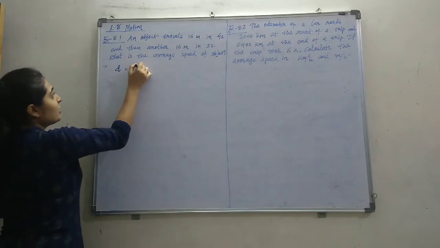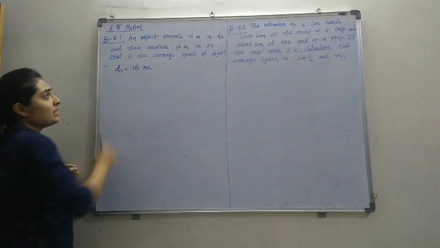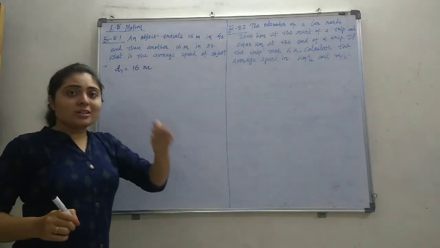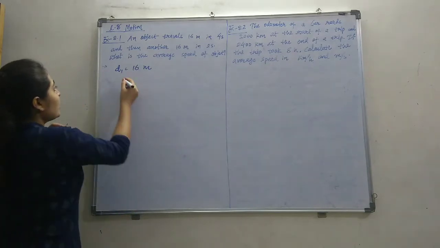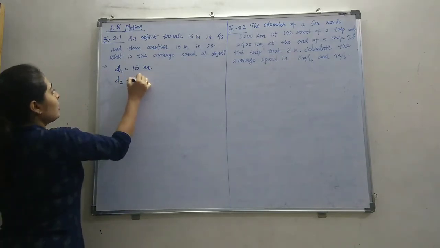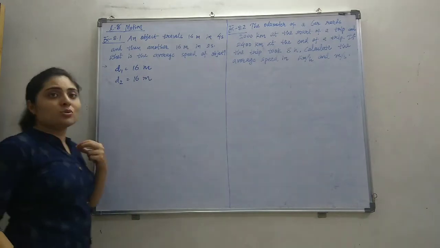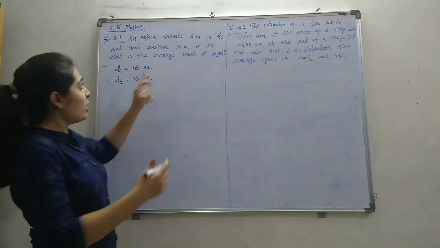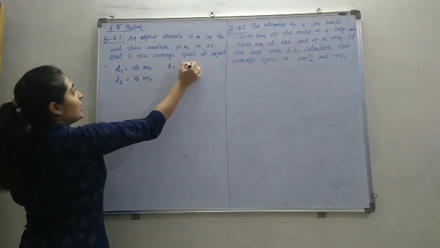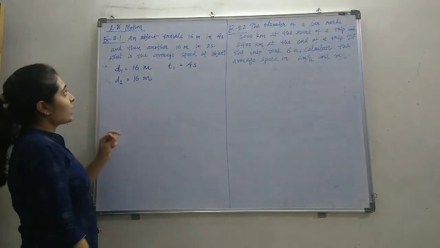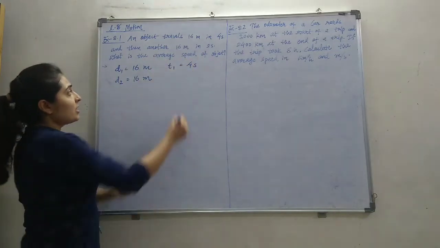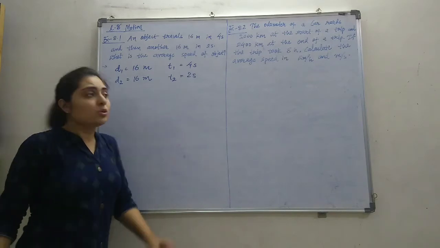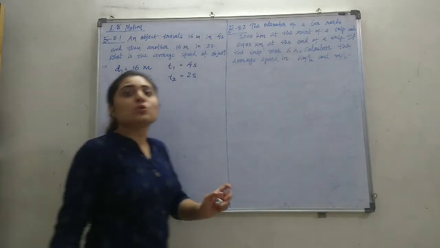Distance is given as 16 meters, that is d1. There are two distances given, so one we call d1 and another we call d2, that is also 16 meters. The first 16 meters, d1, takes 4 seconds, and another 16 meters takes 2 seconds, so the other time, t2, is 2 seconds.